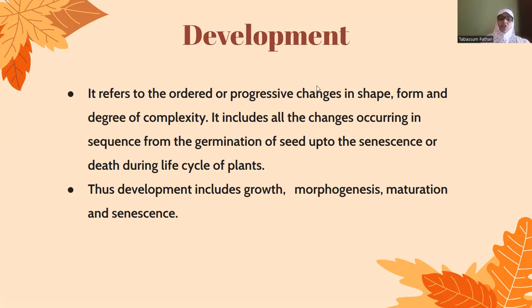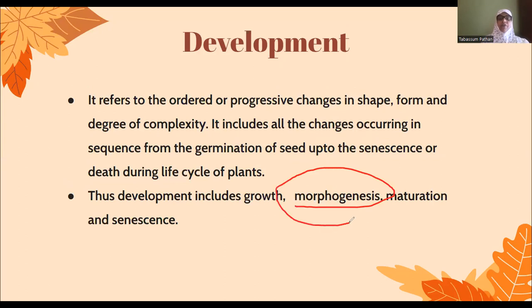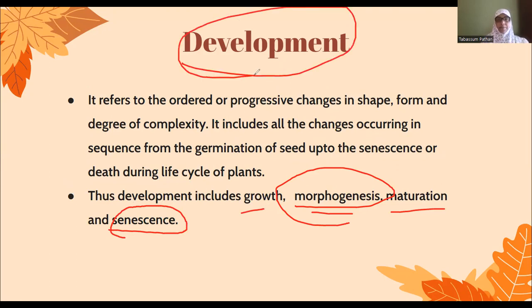So growth will also come under development. Different structural changes, morphological changes that happen outside and inside, morphogenesis, maturation, and also death, that is senescence. Everything will be considered under the heading of development.